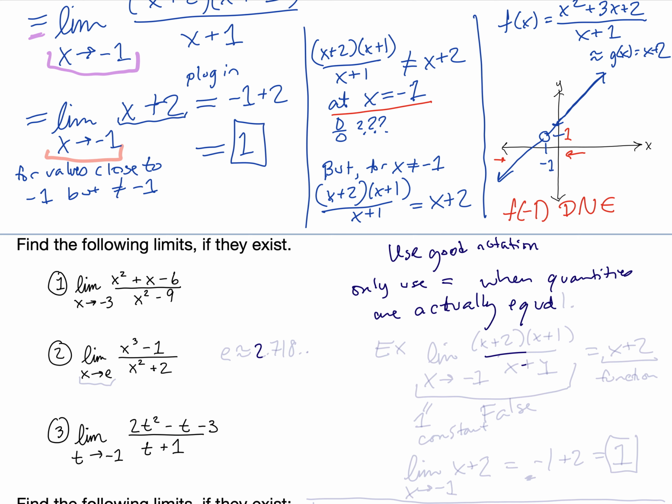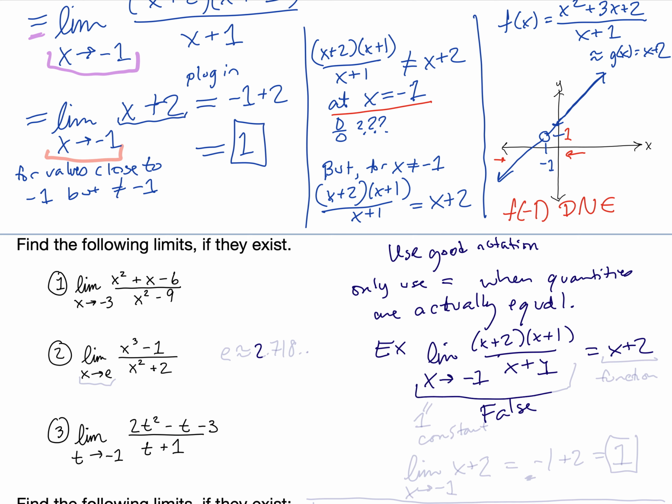So one example would be, say, if you write that the limit as x goes to negative 1 of x plus 2 times x plus 1 over x plus 1 is equal to x plus 2, that is false.